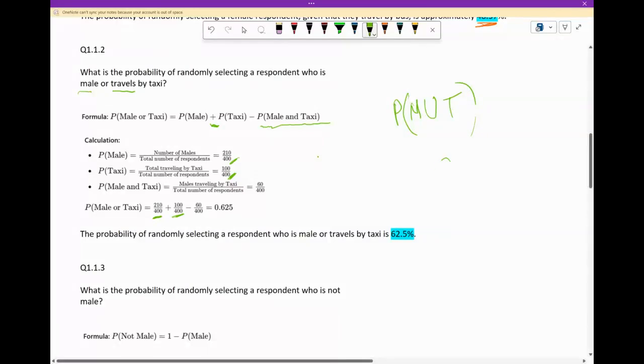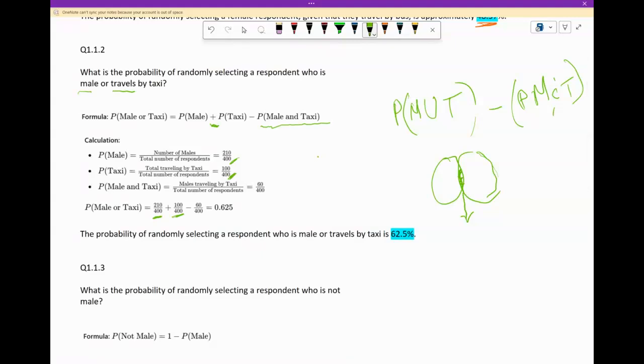So remember, whenever we have a union, there's an overlap, and we have to minus that overlap, the intersection. This is why they're then saying minus the probability of male and taxi respondent.